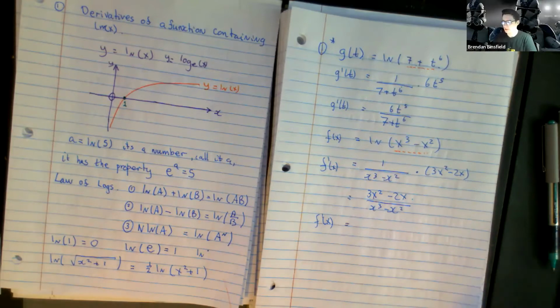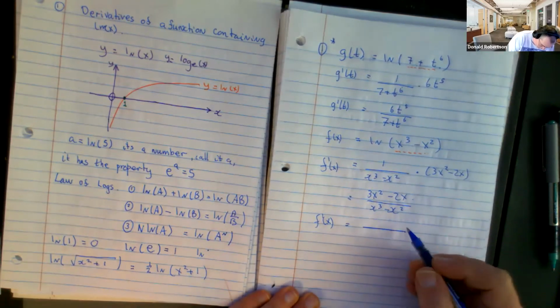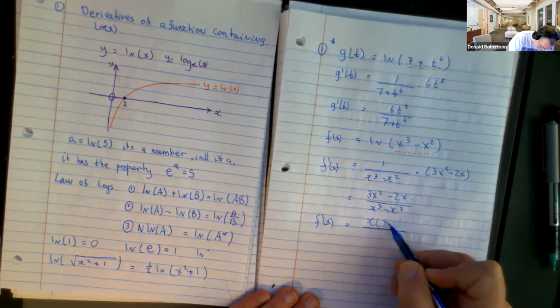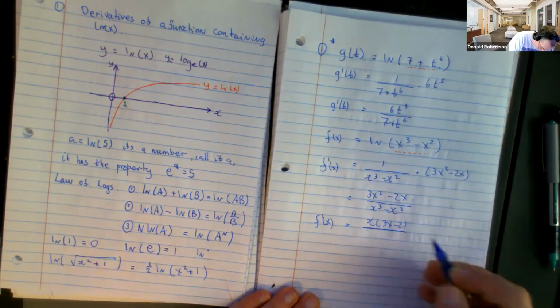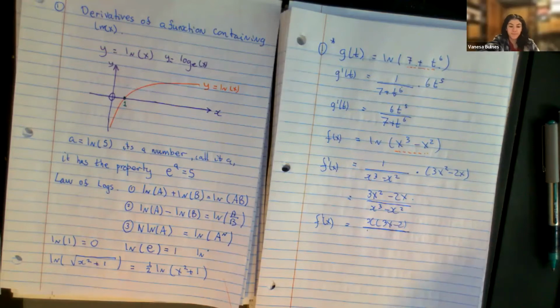Factor out x. Okay, from the top, from the bottom, from both? All. Okay, so you take it out of the top, you got that. Well, what can you take out in the bottom? I know you can take out x, but can you do better than that? x squared? Yeah.